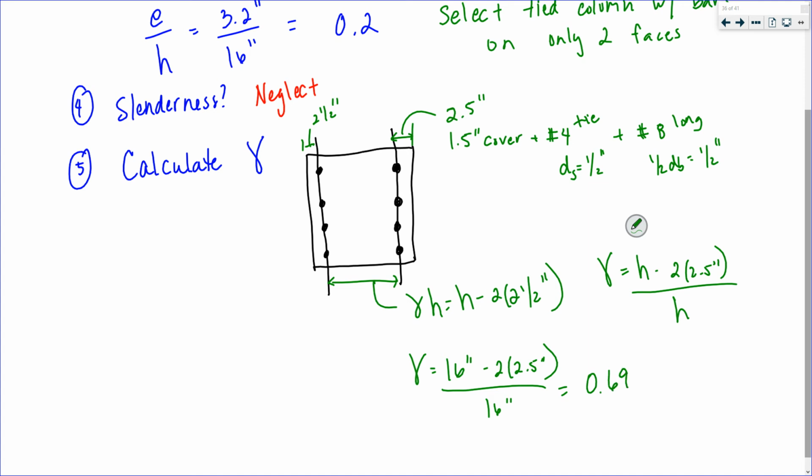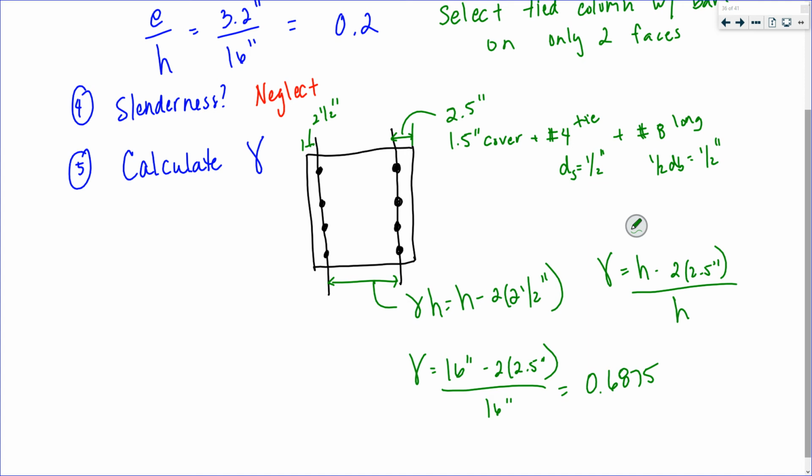So it's almost 0.7; it's 0.6875 for all of you who like your decimals. All I did was assume a number 4 tie, number 8 longitudinal bars, and 1.5 inch normal cover, so I'm subtracting 2.5 inches from both sides.